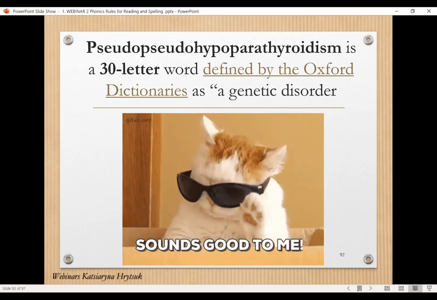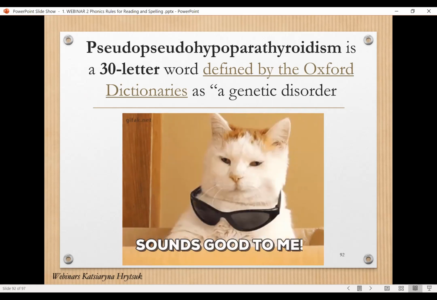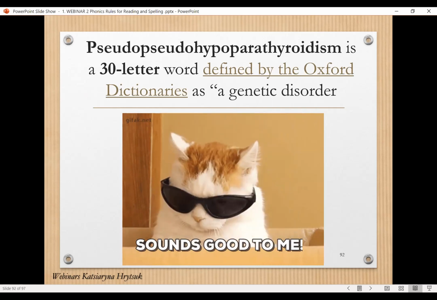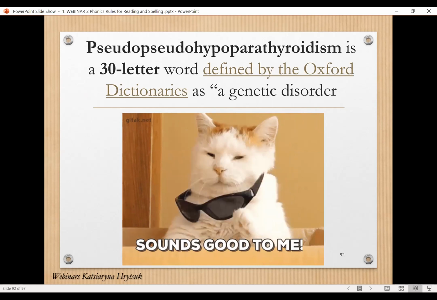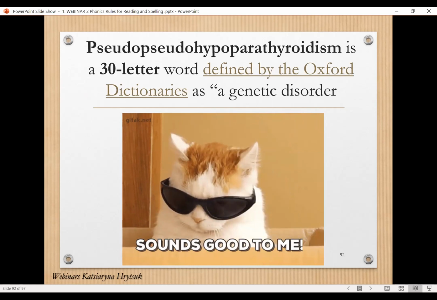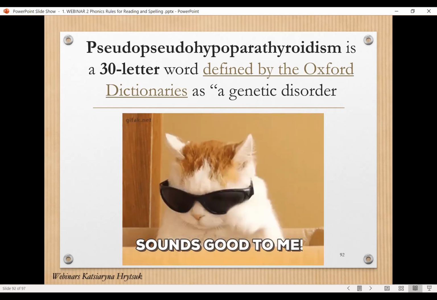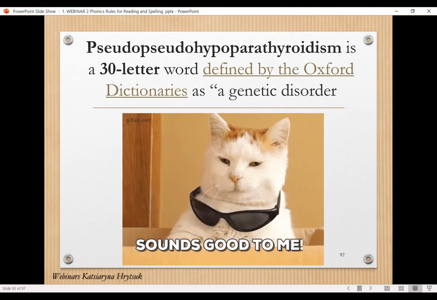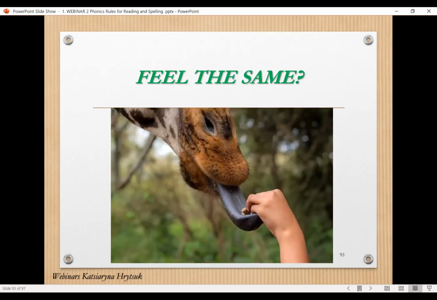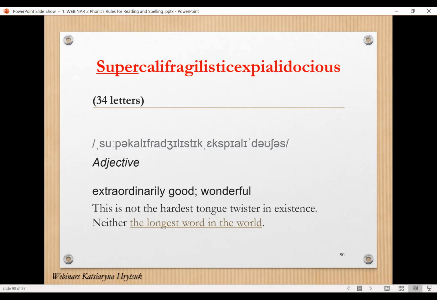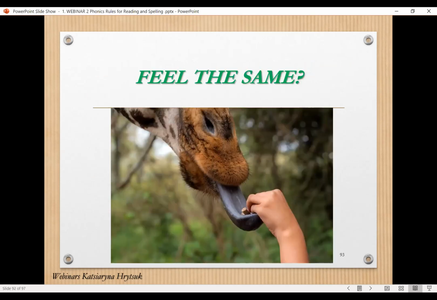Some of them are usually related to sickness or disorders and medical definitions. I will not go too much into this word. I prefer you learn supercalifragilisticexpialidocious. So I'm sure now that your tongue feels the same like this.